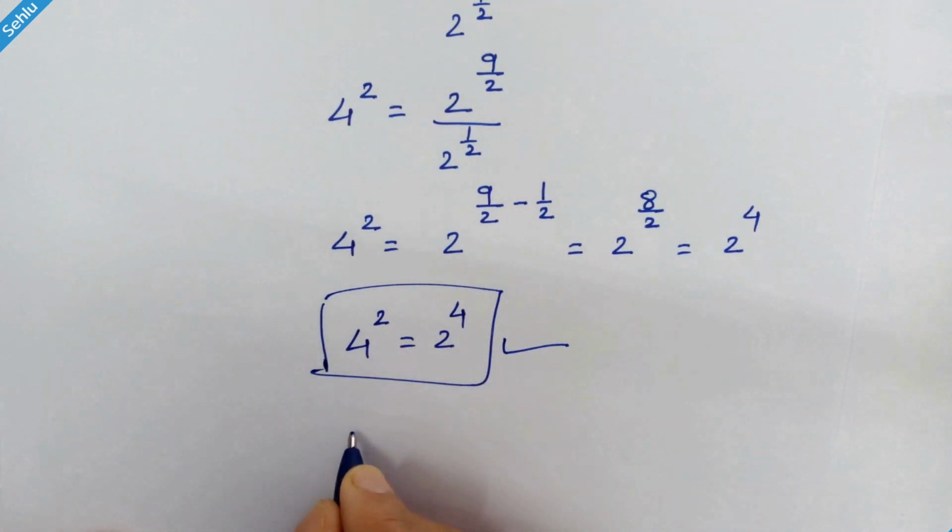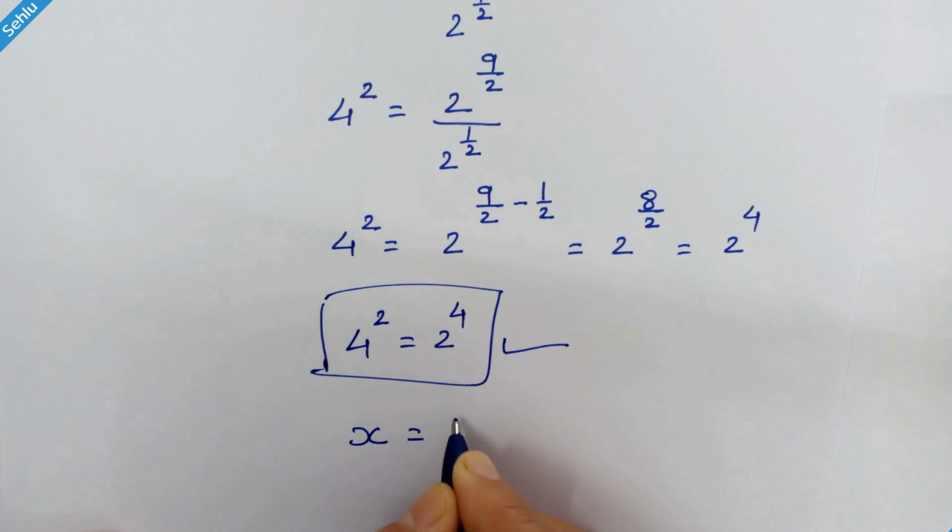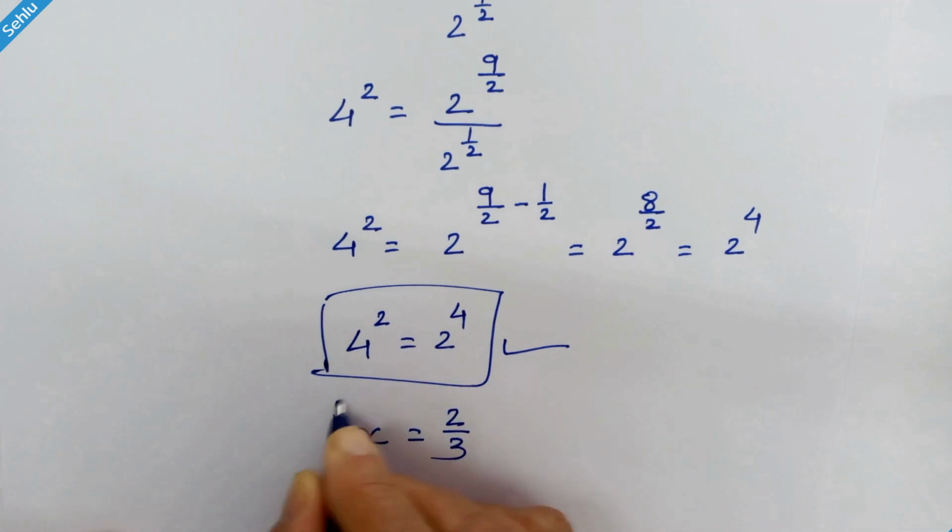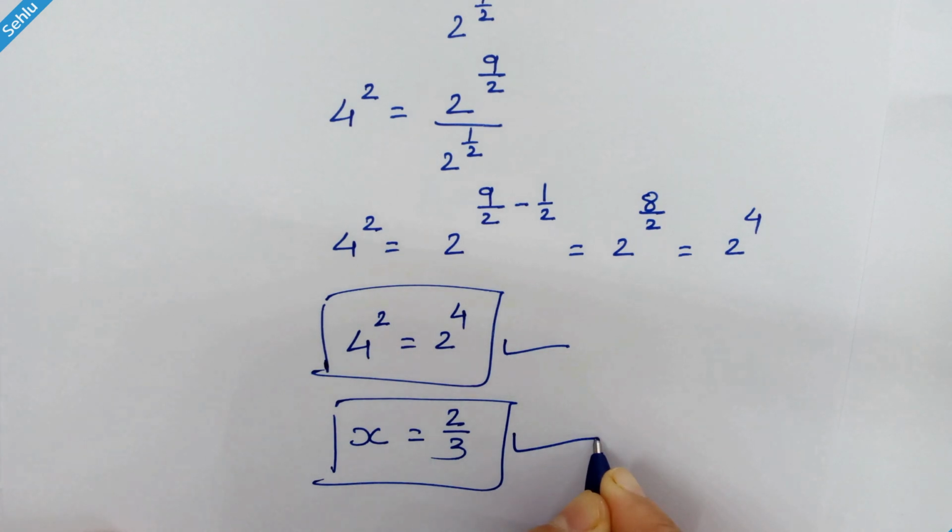So x is equal to 2 upon 3 is the correct answer.